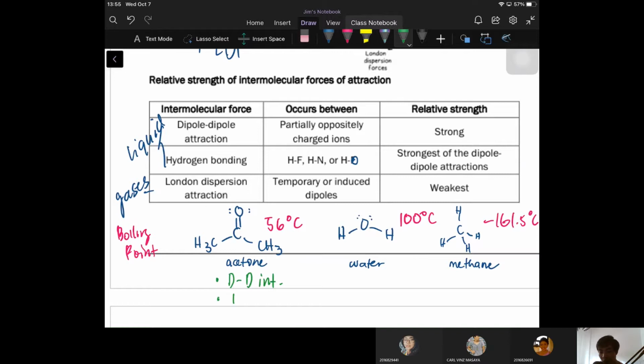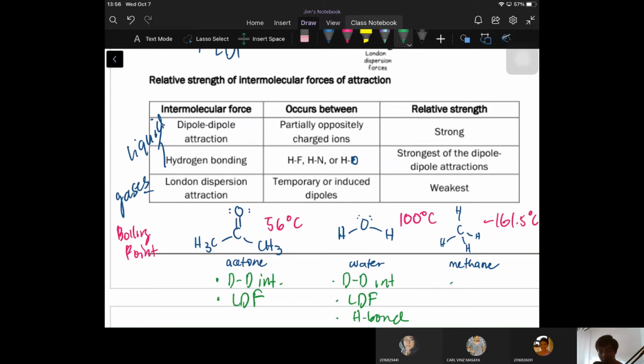Meron din siyang London dispersion forces. Pero hindi siya hydrogen bond. So si water, tignan natin. Yan ay dipole-dipole. Yan ay may London dispersion forces, kasi lahat naman may electron. And at the same time, yan ay hydrogen bond. Si methane, hindi siya dipole, kasi yung bonds niya ay nonpolar.